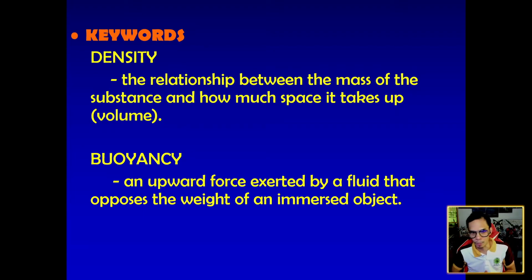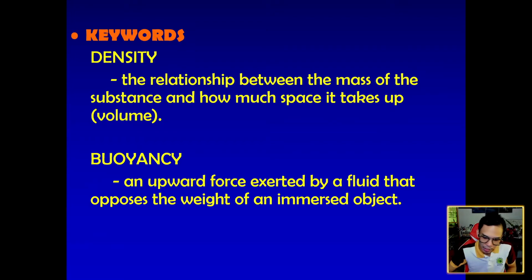Buoyancy is described as the force exerted by a fluid that opposes the weight of an immersed object. If you are standing here on Earth, your weight is the manifestation of the force of gravity acting on you. When an object is submerged in water, the upward force experienced by the object as you put it in the water is called the buoyant force.